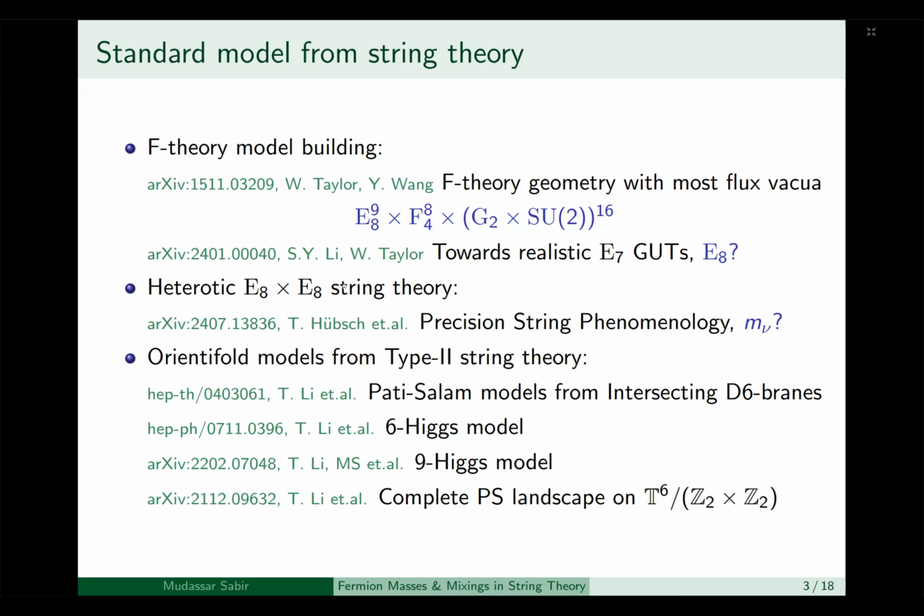My work is on how to compute everything on these 33 models, because we think this is the biggest list possible, and we can get something close to reality within this landscape. So this is what I'm going to talk about.